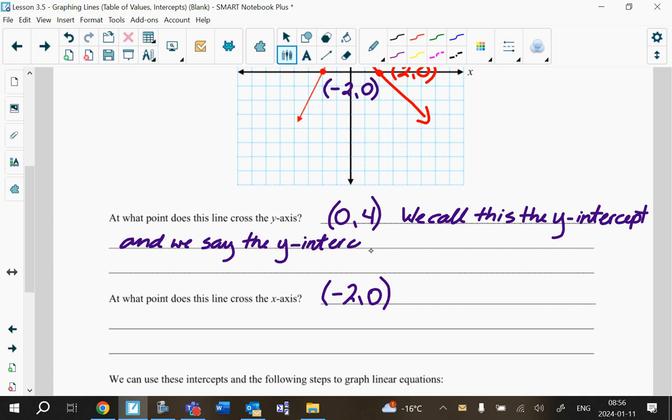We just use the y value. So we say that the y-intercept itself is just 4. It crosses at 0, 4, or it intercepts at 0, 4, but the y-intercept is just 4. Okay?